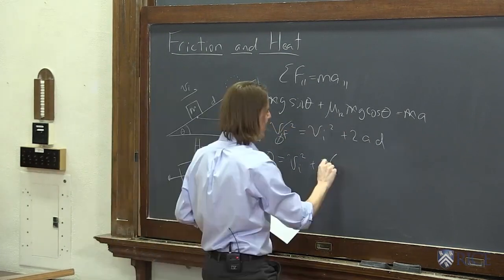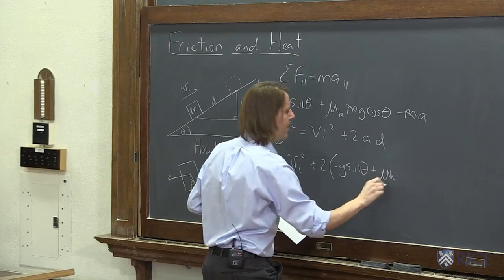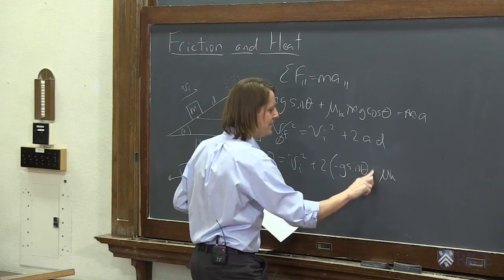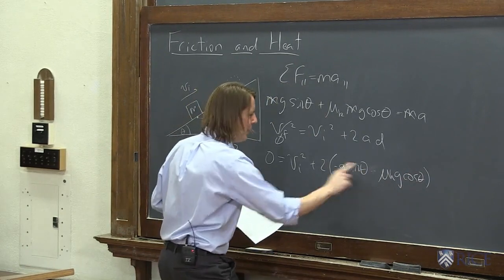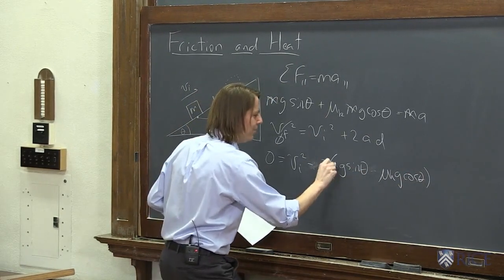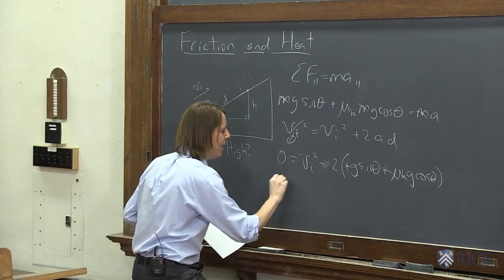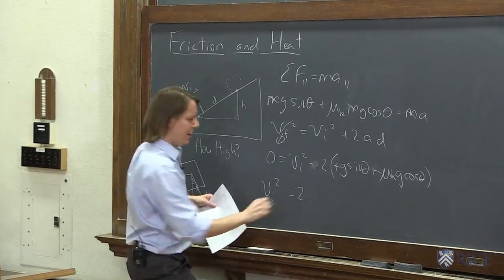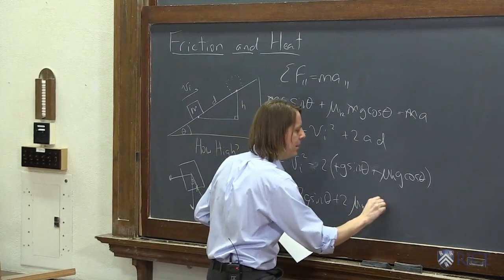So it is minus g sine theta plus mu k g cosine theta, with the minus on the outside. Then the two minuses come out, and we end up with vi squared equals 2 g sine theta plus 2 mu k g cosine theta.